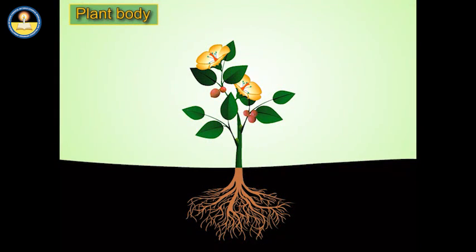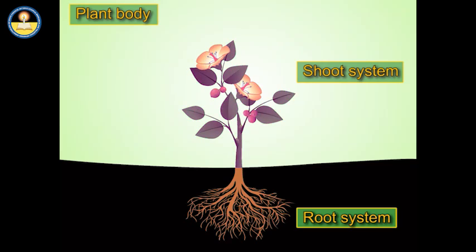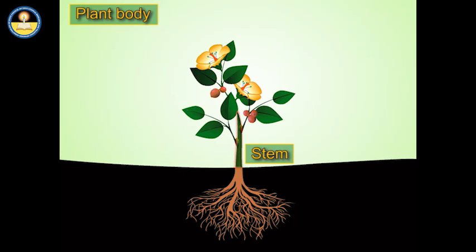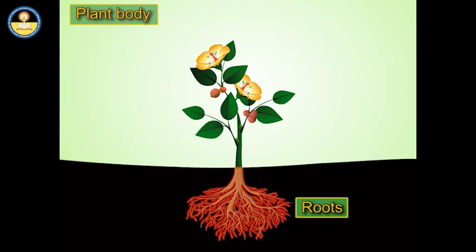A plant body is differentiated into root system and shoot system. The shoot system consists of stem, leaves, flowers and fruits, whereas root system comprises several branches of various thickness which help in absorbing water and minerals from the soil.